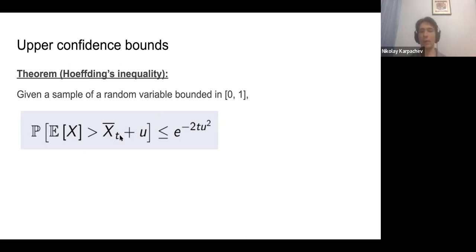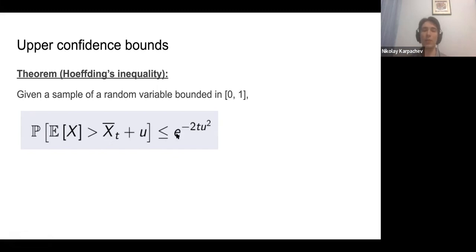So it gives the upper bound estimate that the sample mean deviates from the expectation by some margin, u.